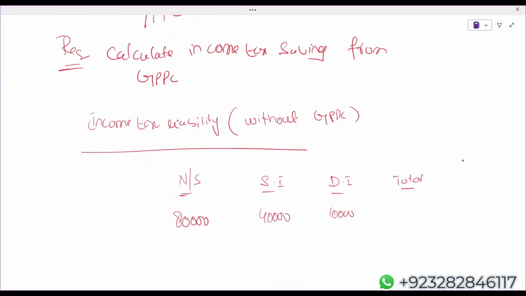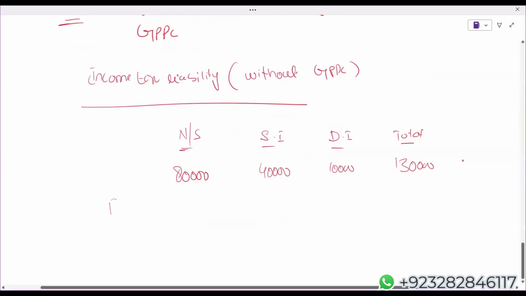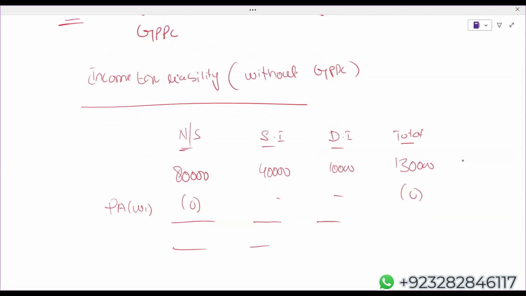So I'll get 130. Can I say now logically personal allowance is going to be 0? Why personal allowance 0? Let me show you the working. Taxable income 80,000.